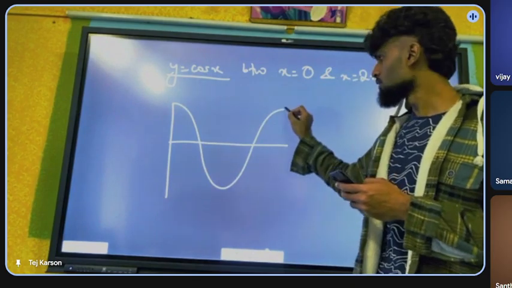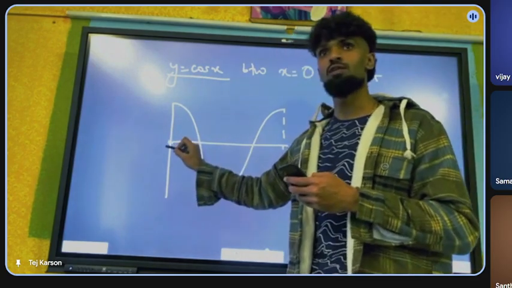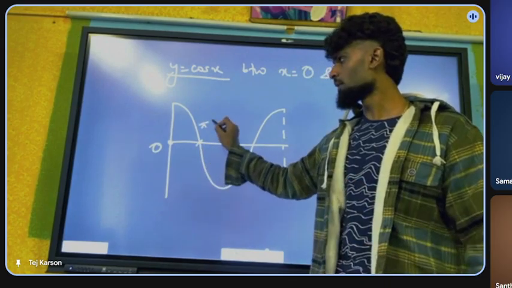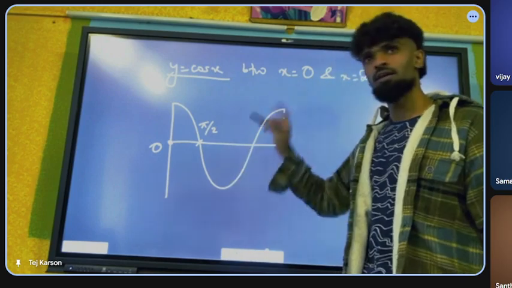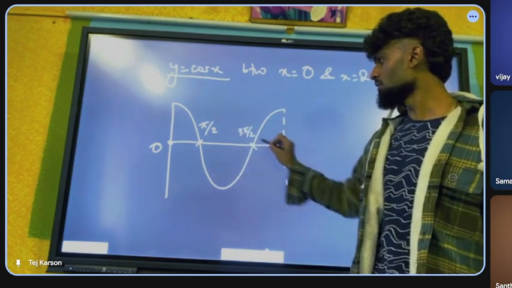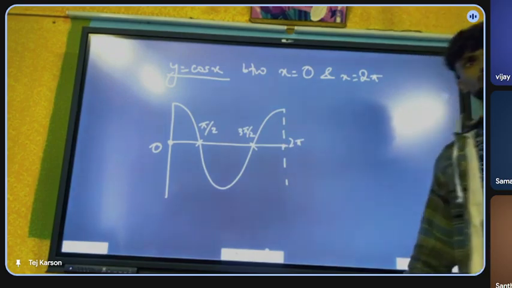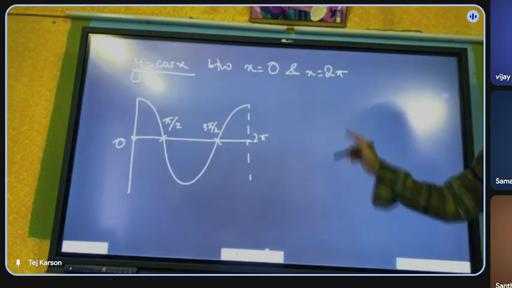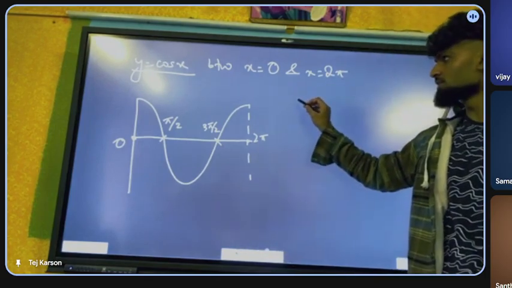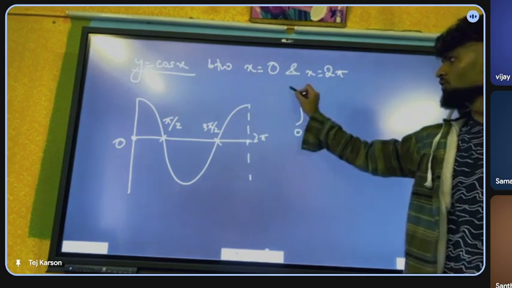Correct? Use dotted lines here also. This point, what's the answer? 0. Here, pi by 2. Full thing, 1. Here again, 3 pi by 2. Here it goes back at 2 pi. So totally the same function travels how many times? 3 times. Help me to frame that. First is from 0 to pi by 2.